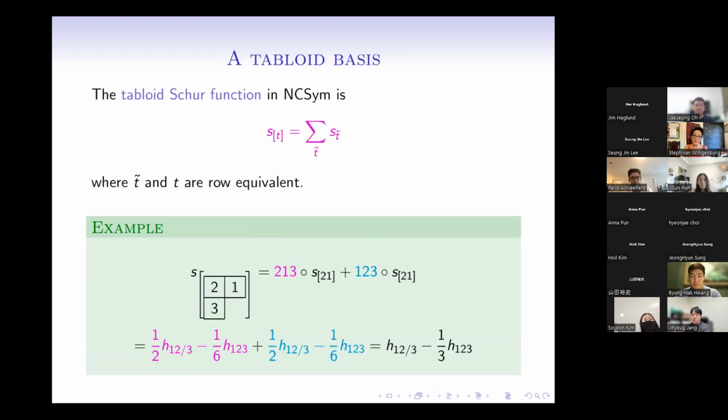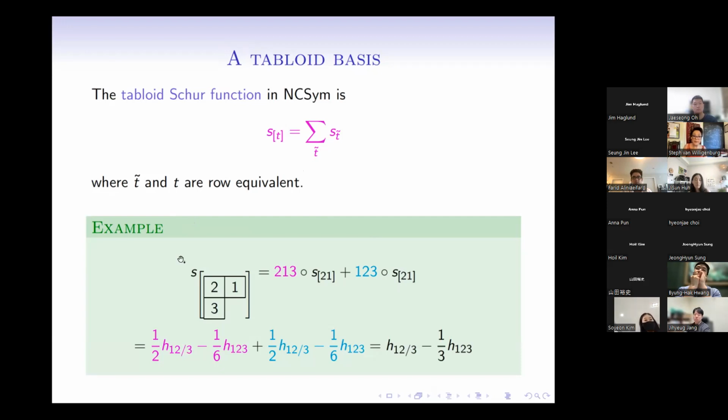Now I'm going to define the tabloid Schur function. The tabloid Schur function S_T is going to be a sum of those S_T tildes, where T tilde is the sum over all things that are row equivalent to T. So again, let's have a look at an example.